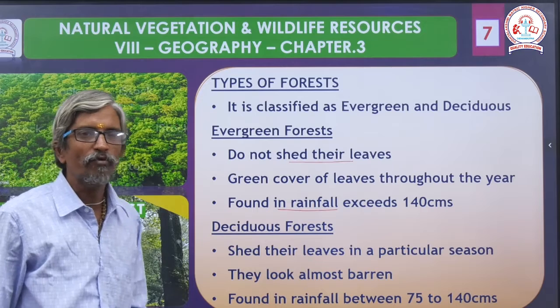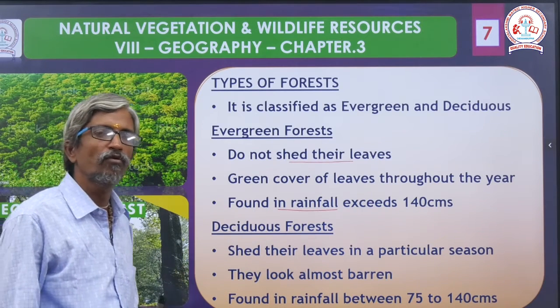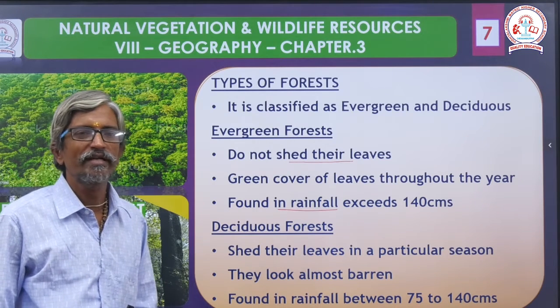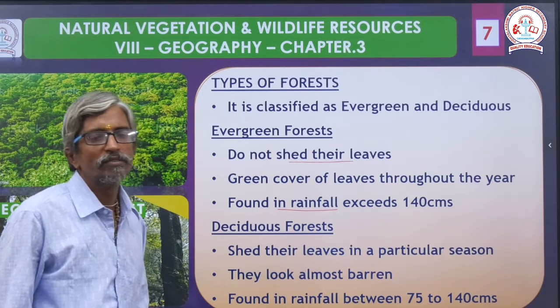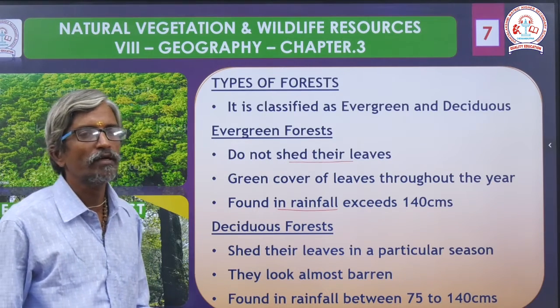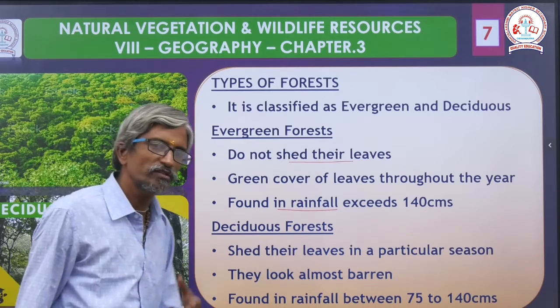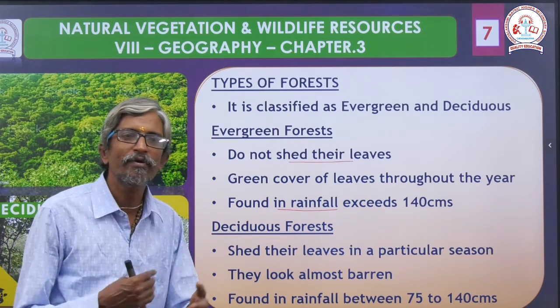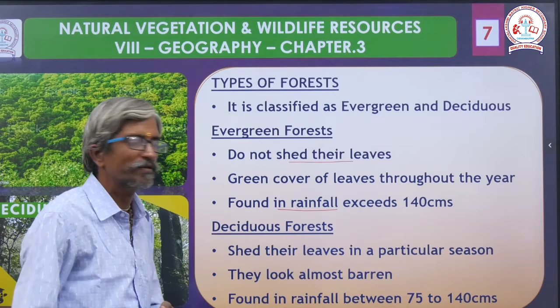For example, bamboo trees are the best example here. They will grow around 60 to 80 meters in height. Clear? 1 meter equals 3 feet, you know very well. You are all very great geniuses in mathematics. So by multiplying, it will be around 180 to 200 feet in height.